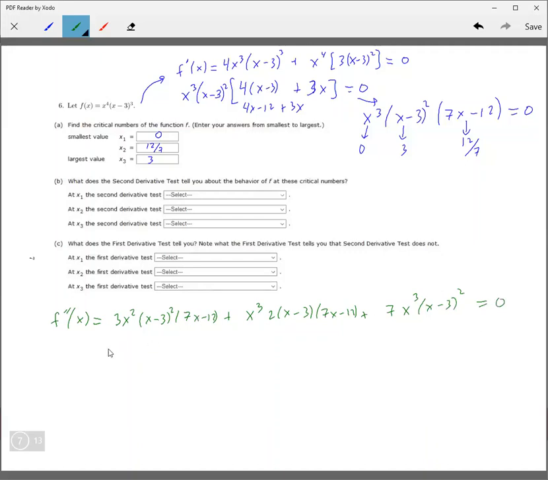Okay, so now I'm going to factor out, it looks like I can get an x squared and then x minus 3. Yeah, looks like about it.